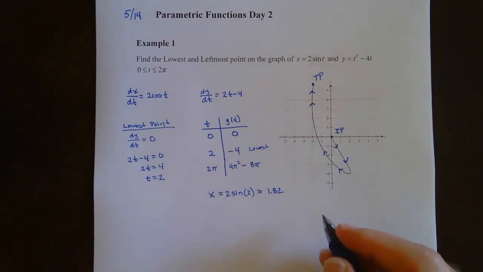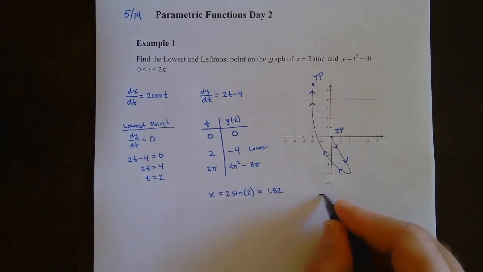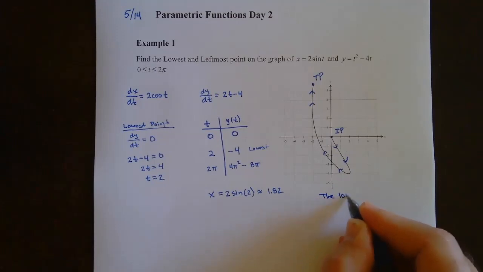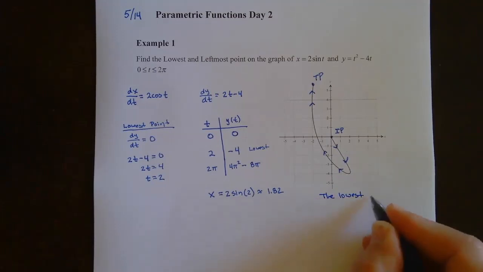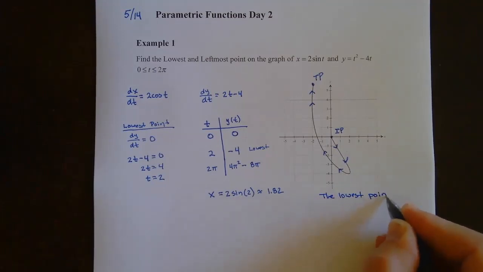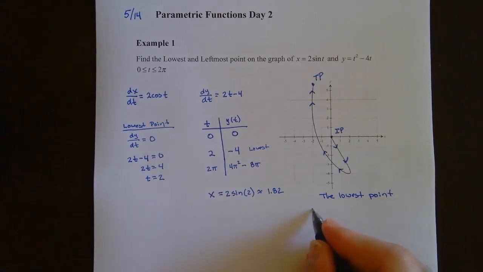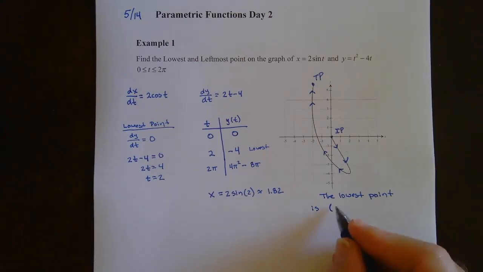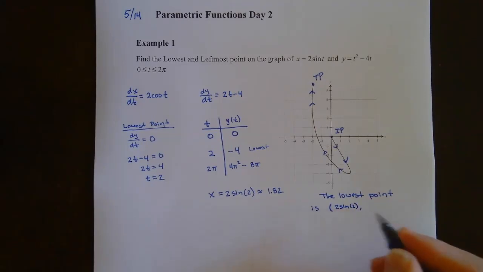So this is the lowest point right here. Okay, so the lowest point is this point, and the x coordinate would be 2 sine 2, comma, negative 4.